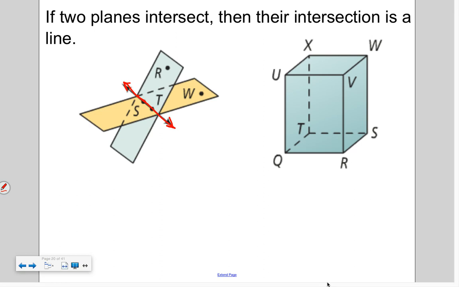When we have our boxes set up, remember the planes go forever, but it looks like our intersections would be like edges. So if I took the front and the right of this box, the intersection would be this line where the front and the edges meet. So in this case, it'd be line VR would be the intersection of the front and the right plane located on that box.